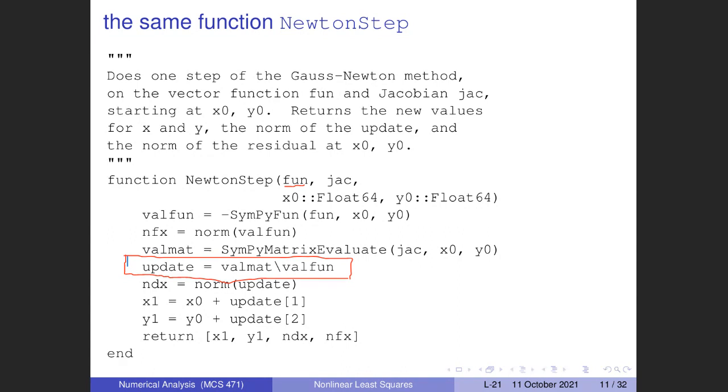So here you see it updates x naught and y naught, and it returns the norm of the function evaluation. So this is the nfx here. This is a measure for the backward error, and then it also has a measure for the forward error. So this is the norm of the update. One would expect that for a converging process, the norm of the update goes to 0.